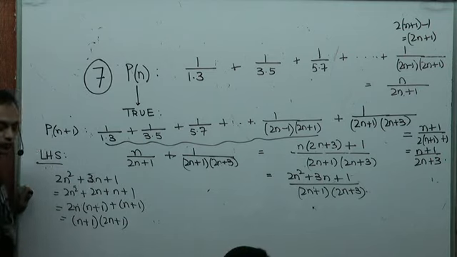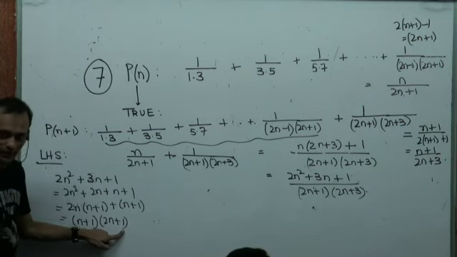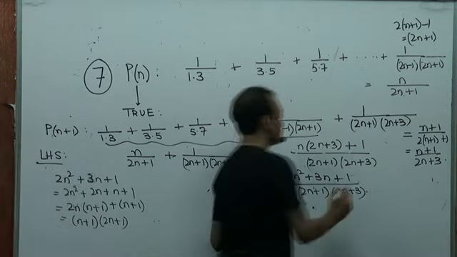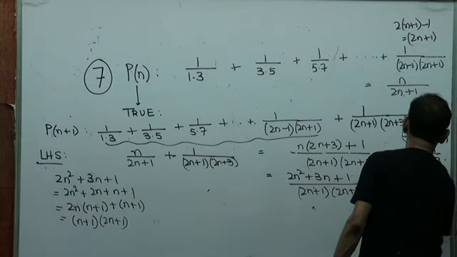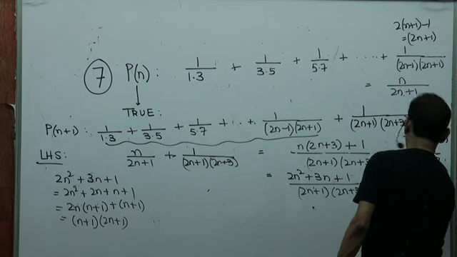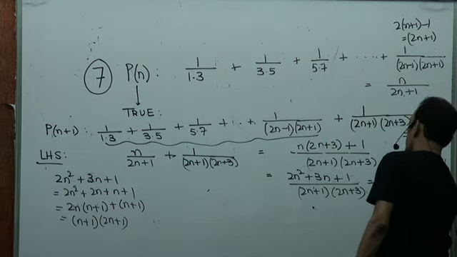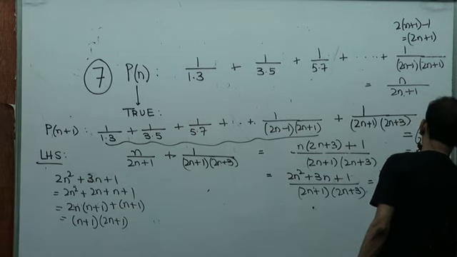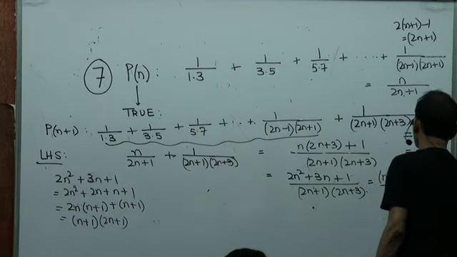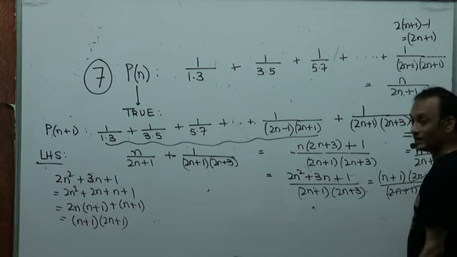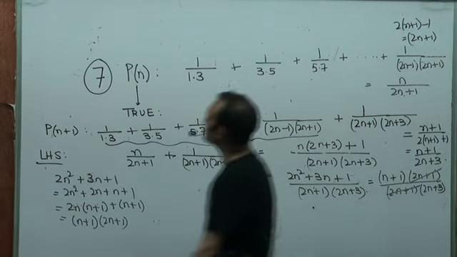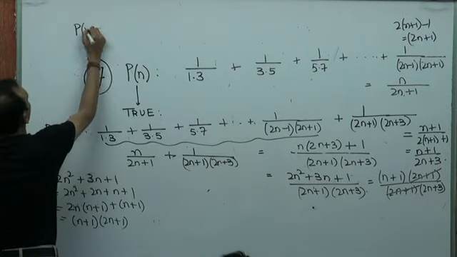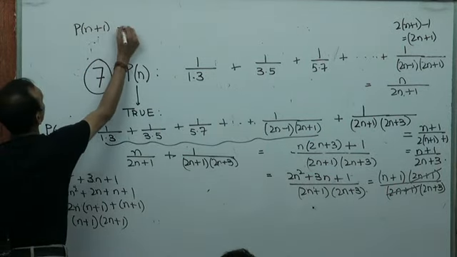Yes or no? So the numerator is n plus 1 into 2n plus 1, divided by 2n plus 1 into 2n plus 3. The 2n plus 1 will get cancelled, which is n plus 1 by 2n plus 3, causing Pn plus 1 to be true. So Pn plus 1 is therefore true.